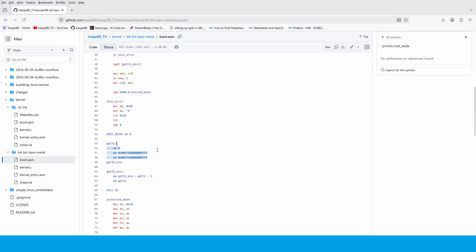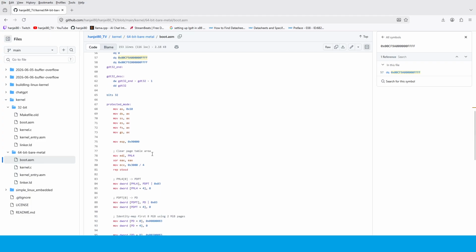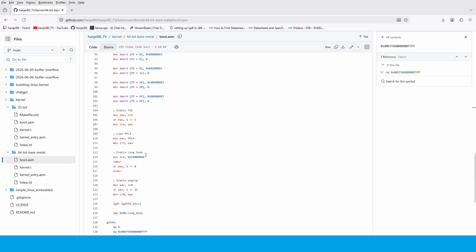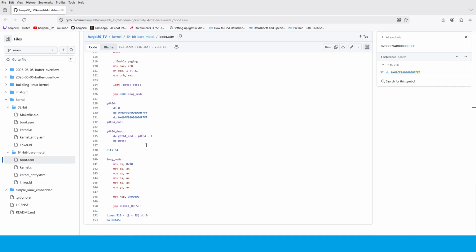And then this is quad word, so this is 64 bits. Yeah, not too sure what this does, but it loads up a GDT64.